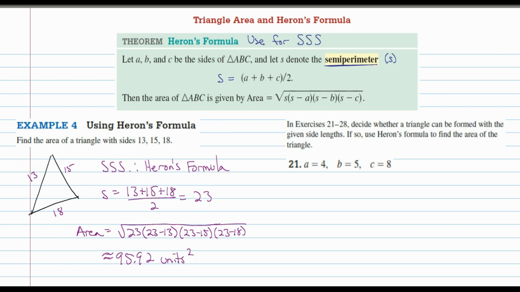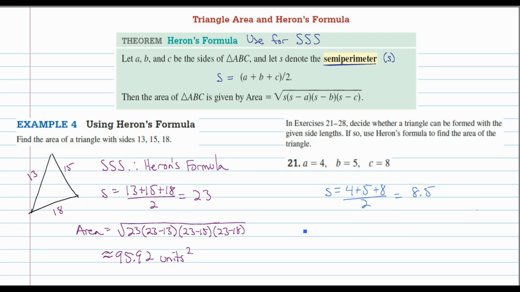The now try problem, number 21. Again, I have a side, side, side situation. The S value here is 4 plus 5 plus 8, all divided by 2, which my calculator tells me is 8.5.